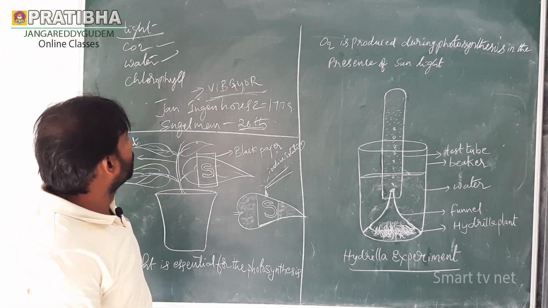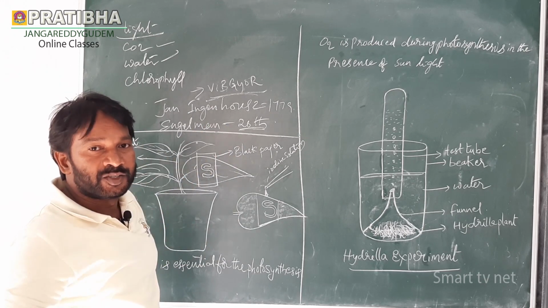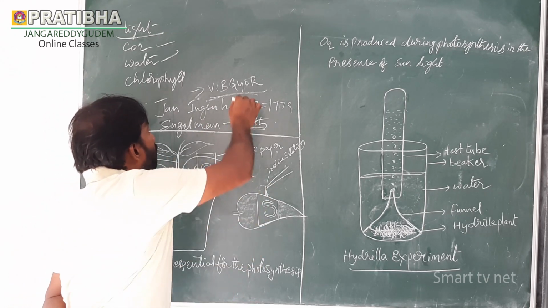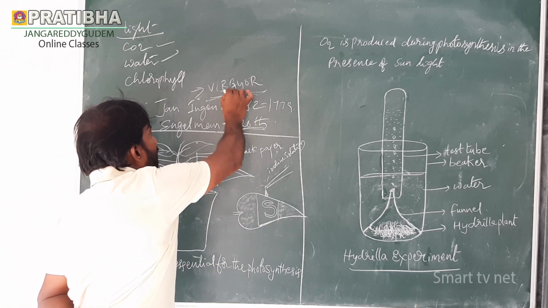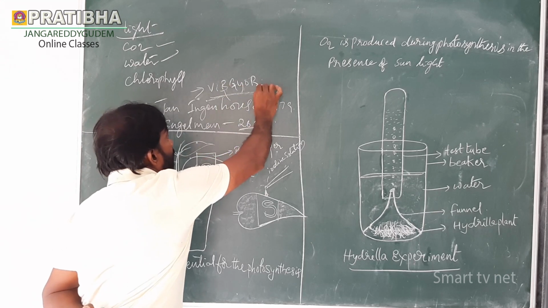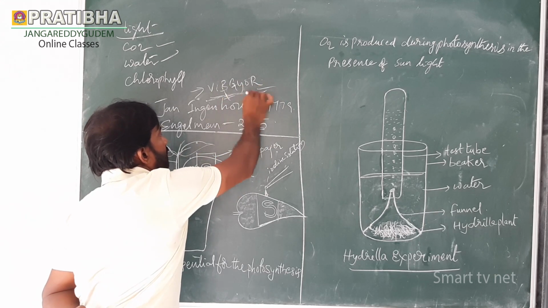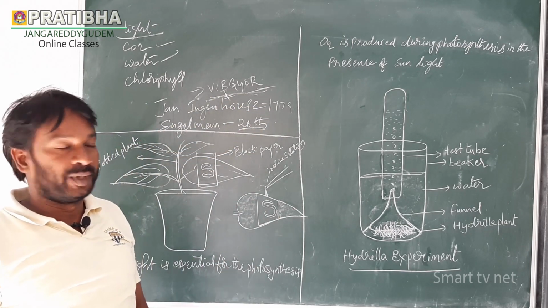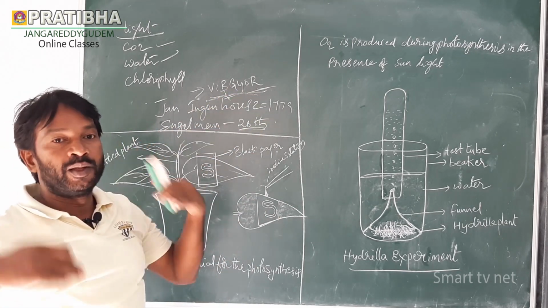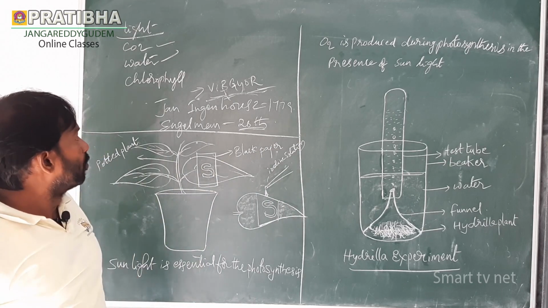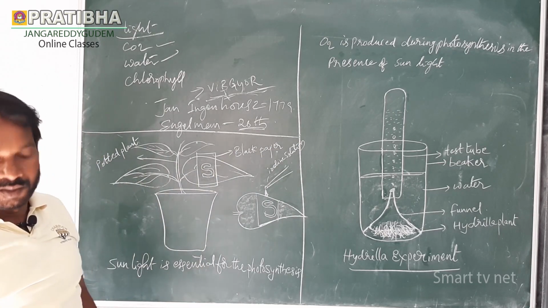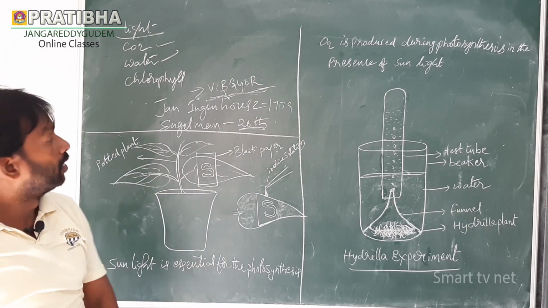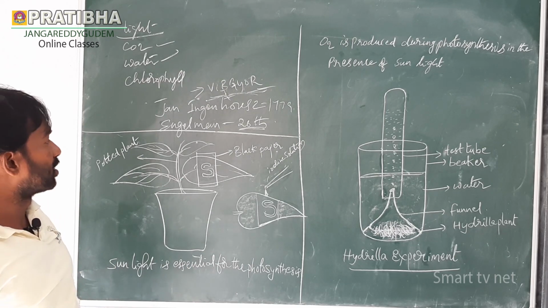He observed that oxygen sensitive bacteria are more crowded near the blue and red. At these two colors, more bacteria are accumulated. That means more oxygen is produced here. That means blue and red colors are more suitable for the photosynthesis process.